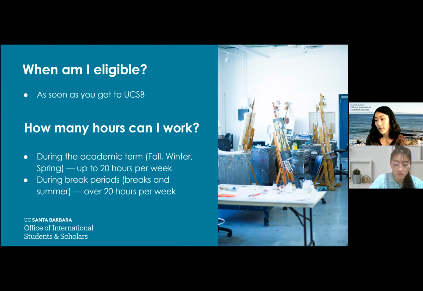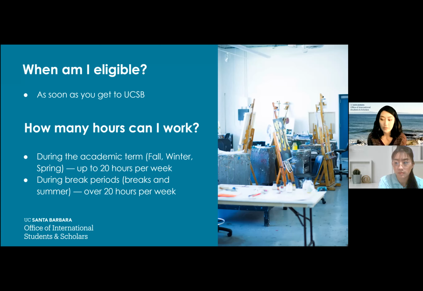Our next question is, when am I eligible for on-campus employment authorization? And the answer is as soon as you get to UCSB. How many hours can I work? Well, during the academic term, meaning fall, winter, or spring, you can work up to 20 hours per week.